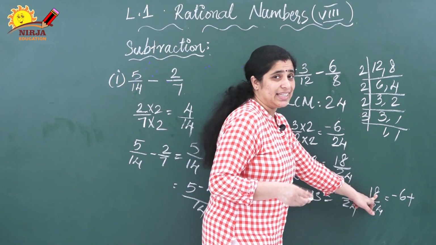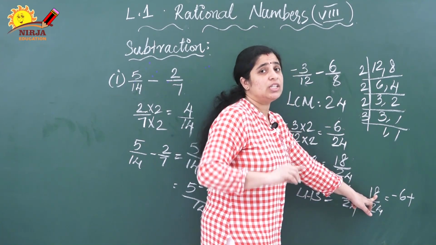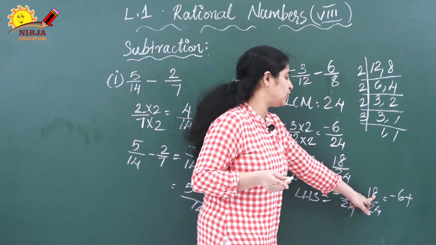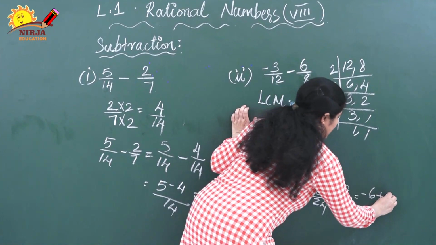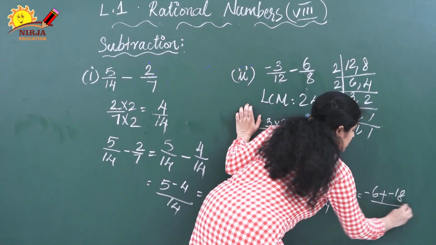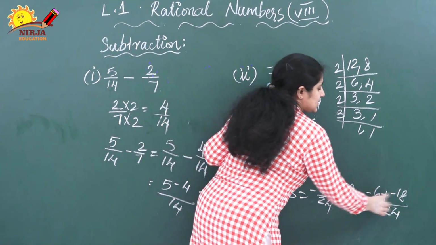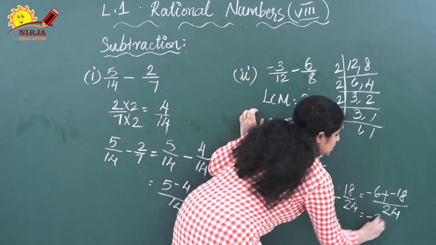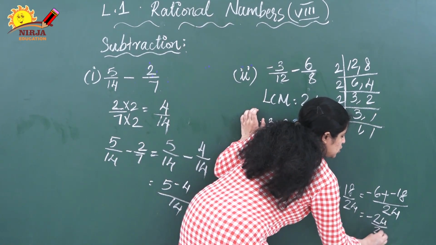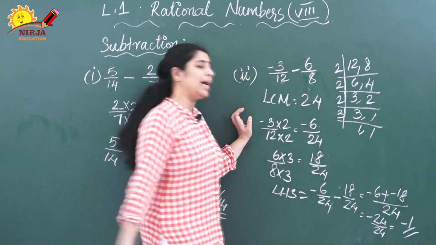Here it is 18, you have to write the additive inverse. Additive inverse means you have to change the sign of the number. So plus 18, instead of plus 18, you can write it as minus 18. That is equal to 24. Minus 6 plus minus 18, what will you get? Minus 24. Minus 24 by 24, that is equal to minus 1.